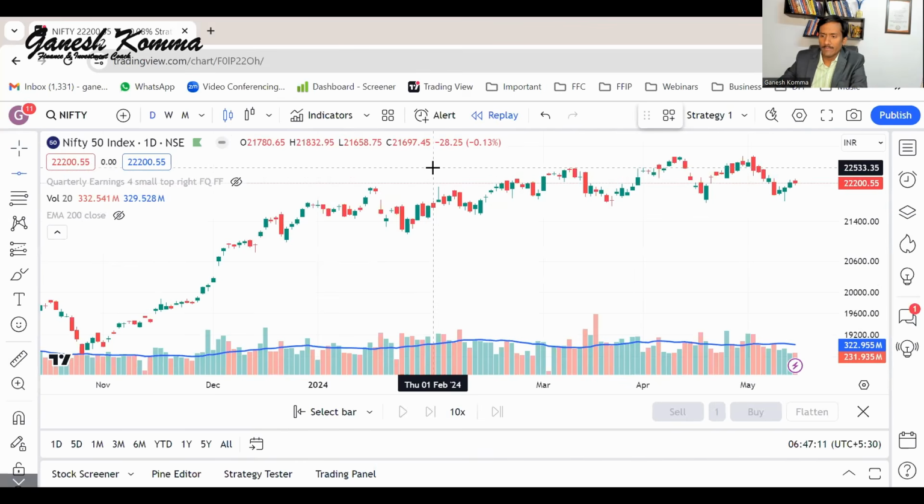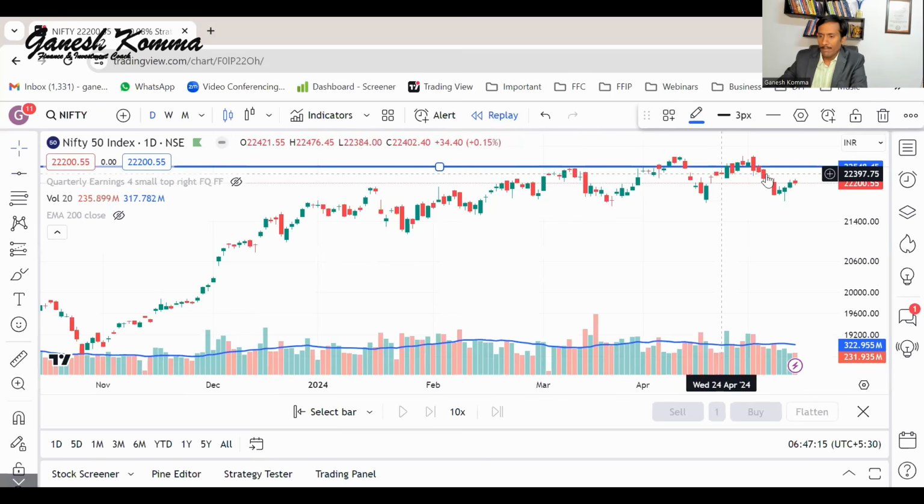And if you see here, from the present levels of Nifty 50, in March it has touched 22,500, again in April, and again in the first week of May it has touched and started declining.